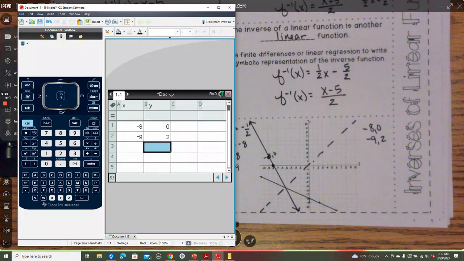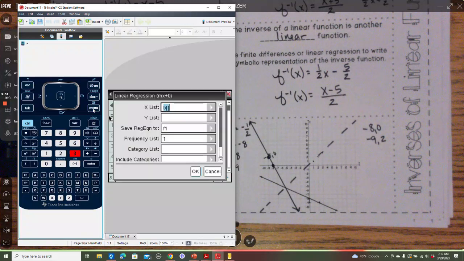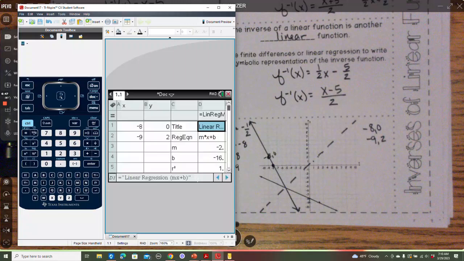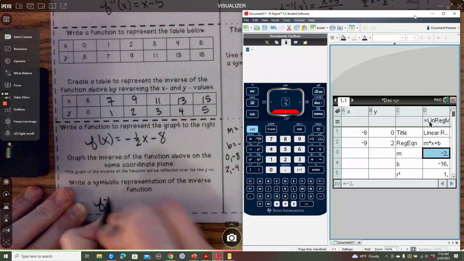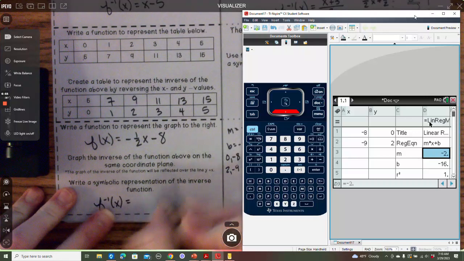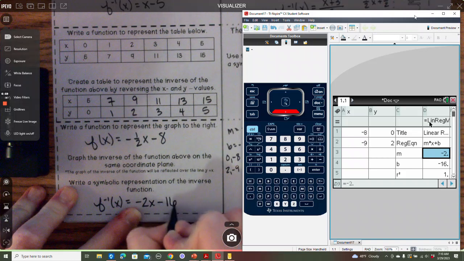Oh, I do have enough. Menu 4, 1, oh, 3. I'm sorry, I was trying to do quadratic. Try that again. And so there's the information that I need. So f of negative 1 of x equals negative 2x minus 16.